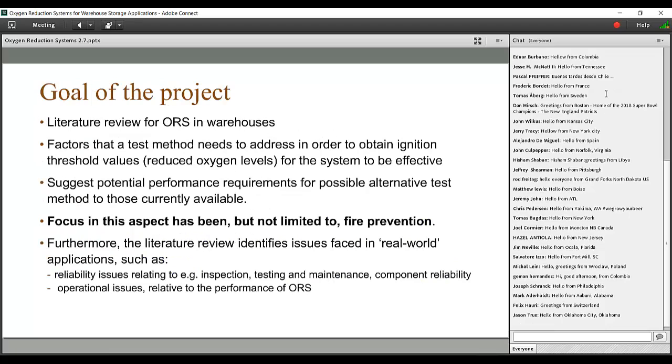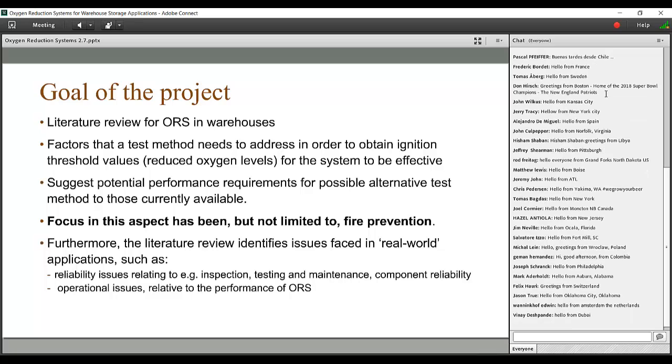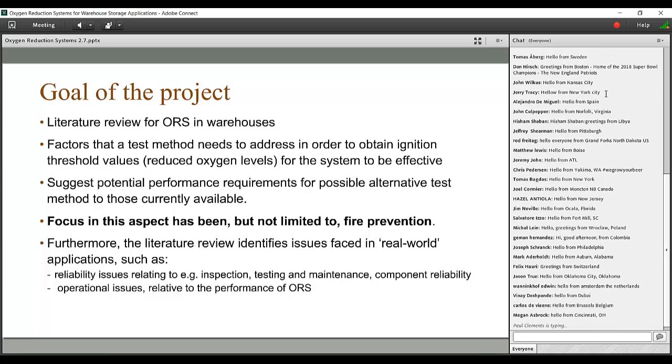So the goal of the project was, in fact, to conduct a literature review for ORS systems in warehouses. So it did not include extensive testing or calculations. It's mainly an overview of the literature, what is available, and what type of questions come out of this literature review.